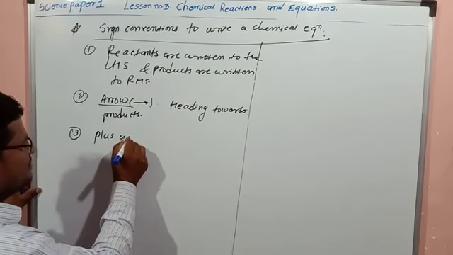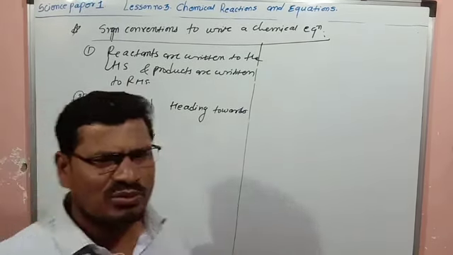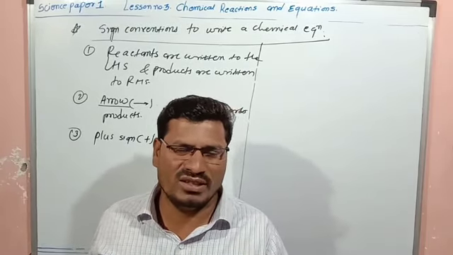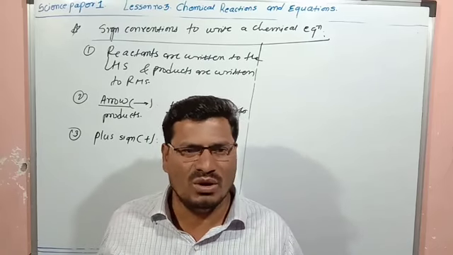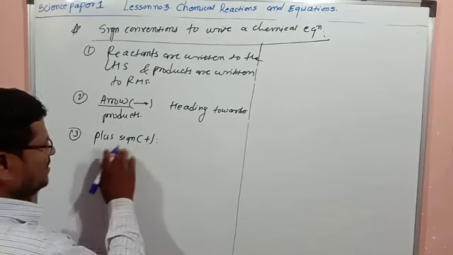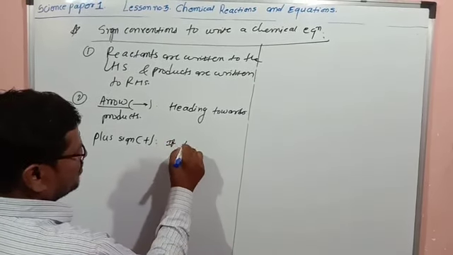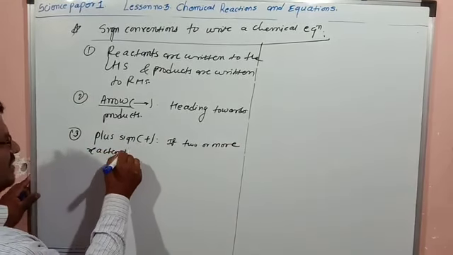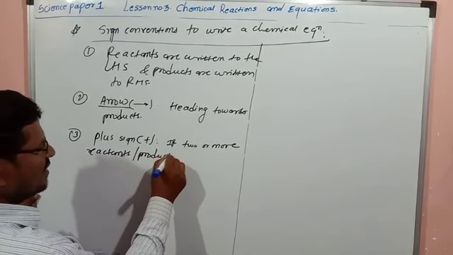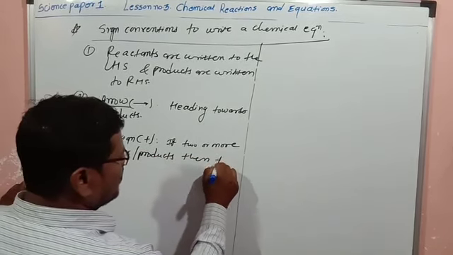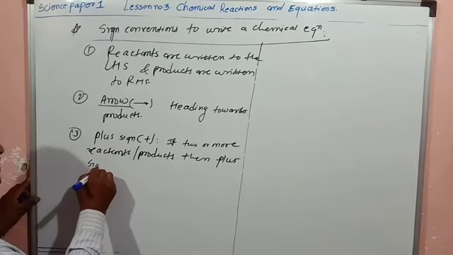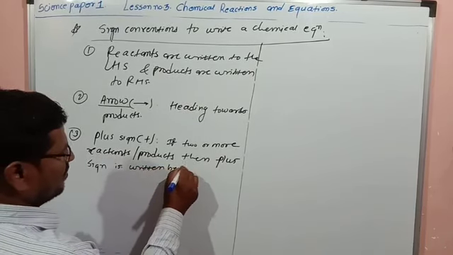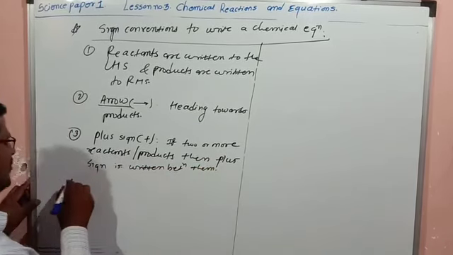If two or more reactants or two or more products are there, a plus sign is written between them. These are joined with the help of the plus sign.